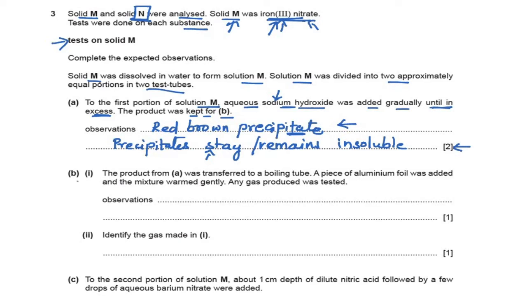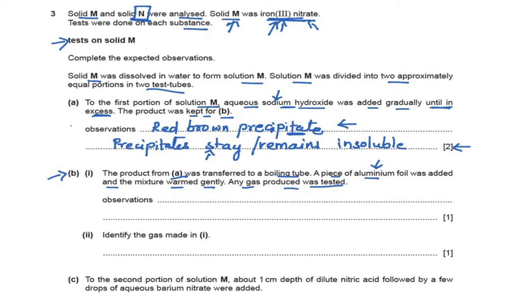Now part B of the question says the product from A was transferred to a boiling tube, and a piece of aluminium foil was added, and the mixture was warmed gently. Any gas produced was tested.